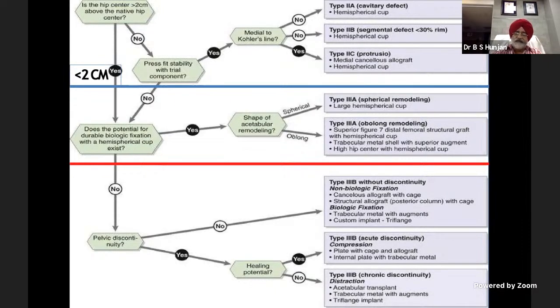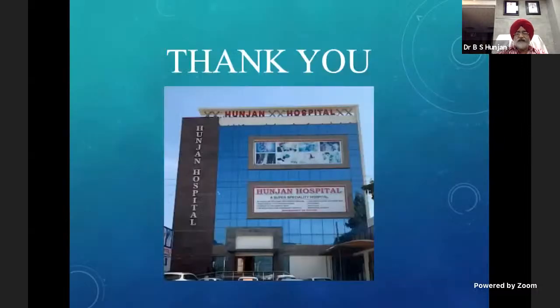Basically, I understand that the major type of defect is the type 2 defect, and for type 2 defects, the hemispherical cup is the most common implant, which addresses most of the problems. Now, thank you very much. This is all I have to tell you.